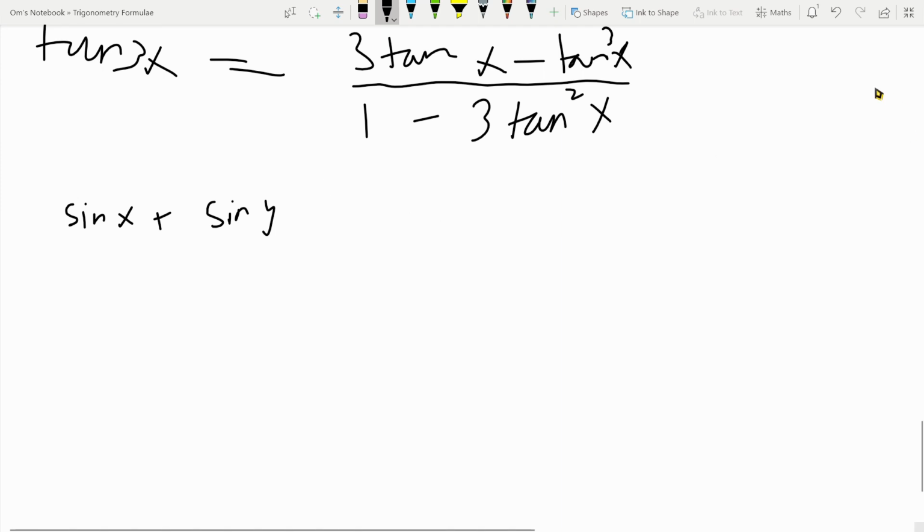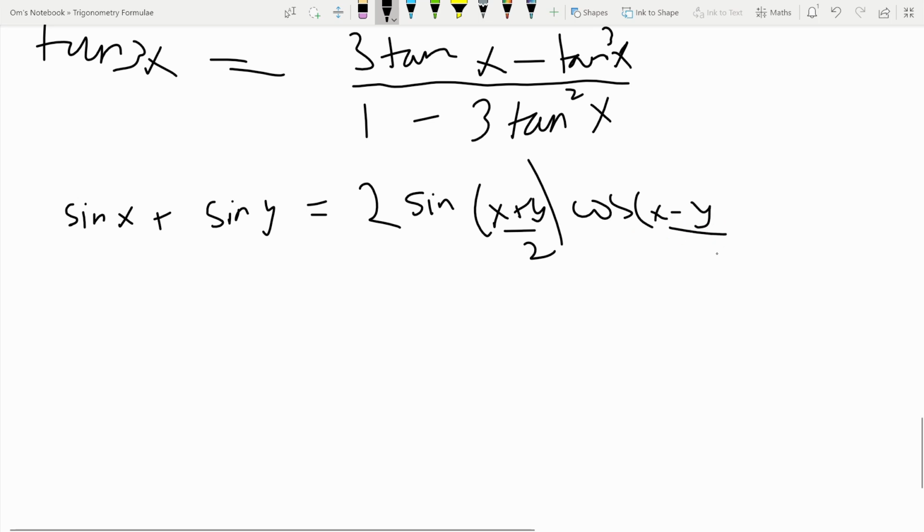So let's try and get those formulae. Alright, so this value over here is actually equal to 2 sine of x plus y by 2 into cos of x minus y by 2.